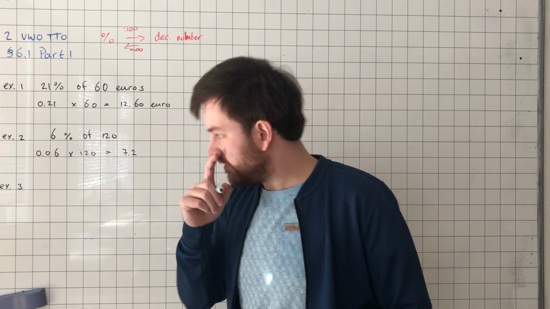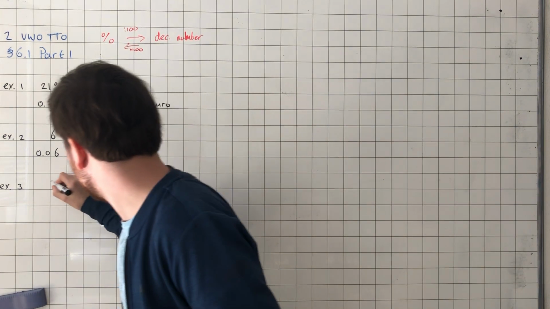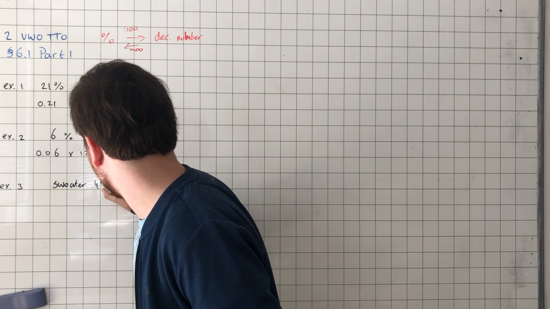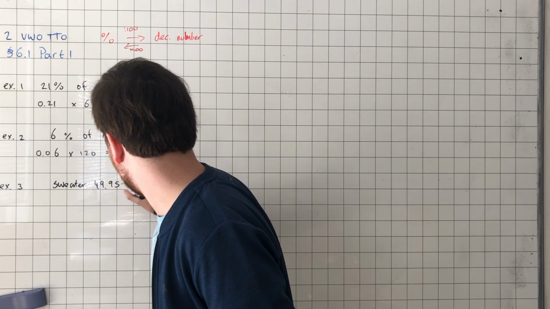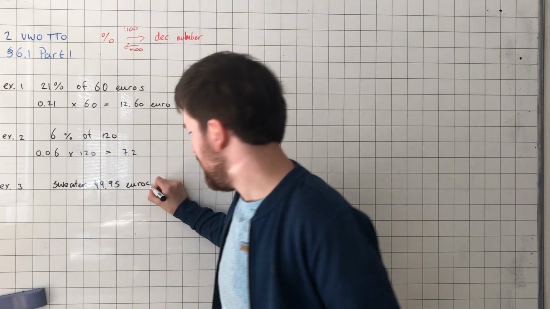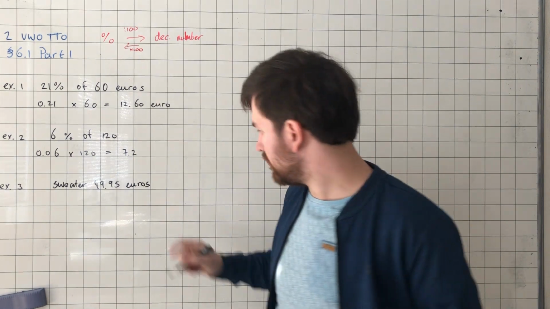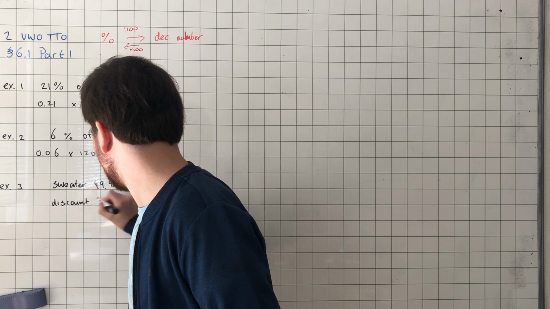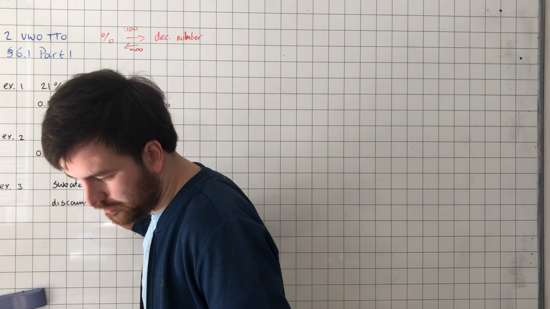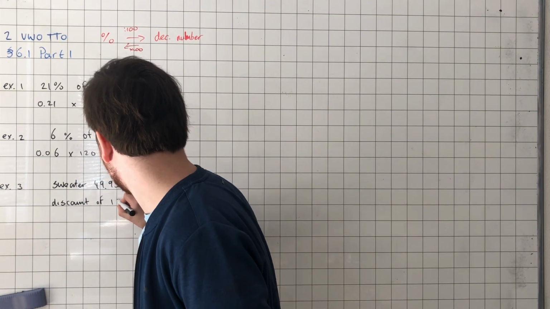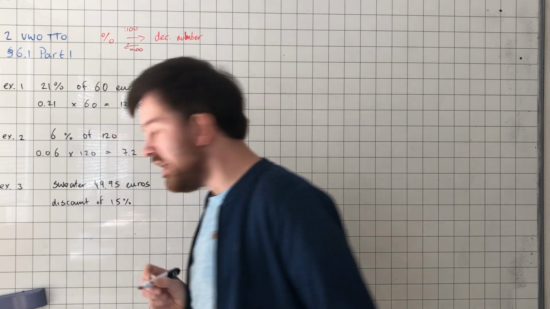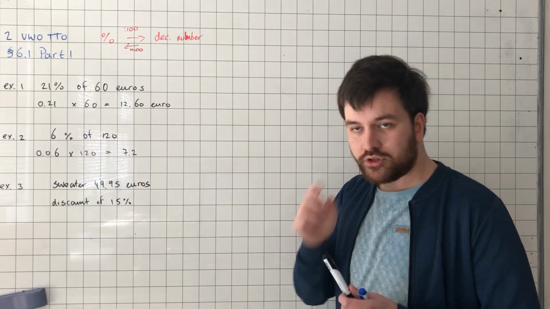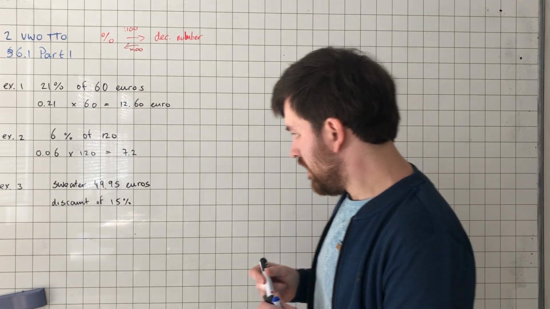Let's say there is a sweater which costs 49.95 euros, and there is a discount of, what did I come up with, 15%. Then there are two different ways of calculating the new price. I want to show you both methods.